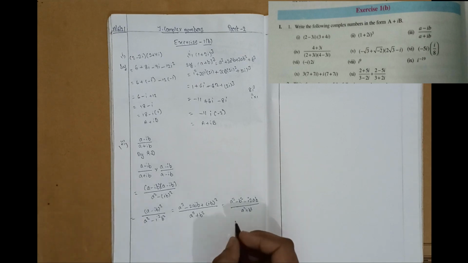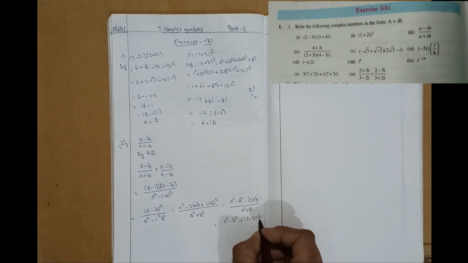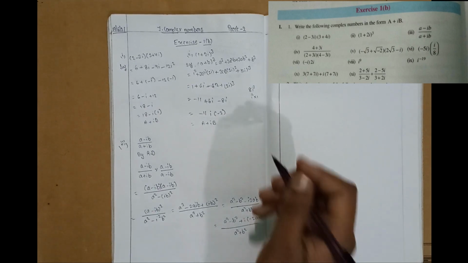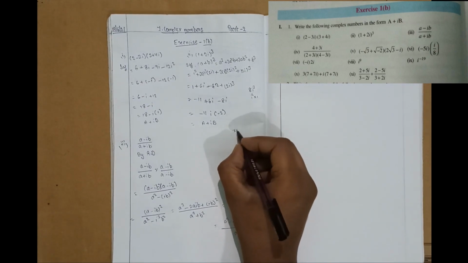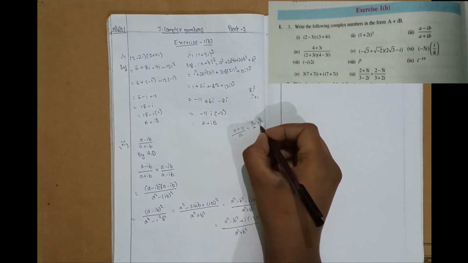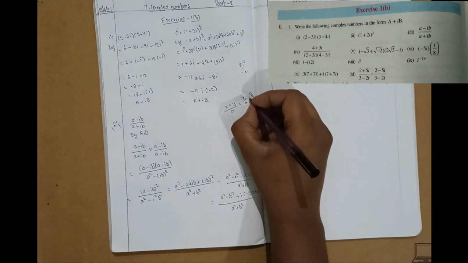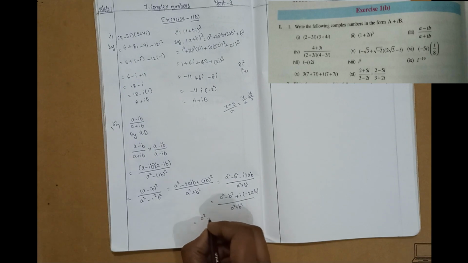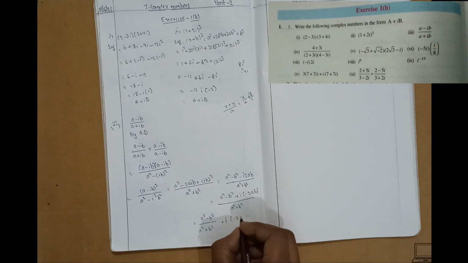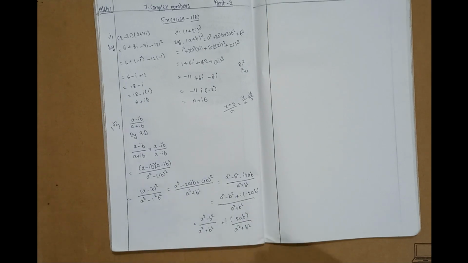Next, we have taken i as common. If we have x plus y by a, we do x by a and y by a, so here also we do like this: (a square minus b square) by (a square plus b square) minus i (2ab) by (a square plus b square) is our final answer.